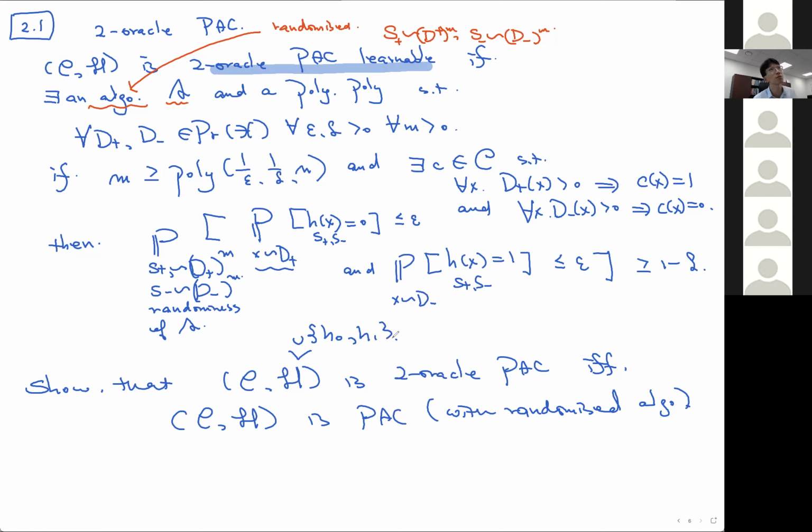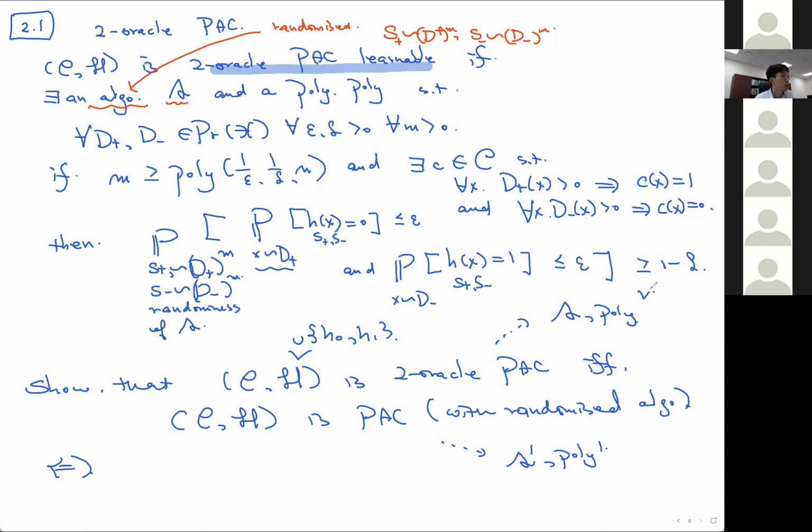Let me just give you one minute to explain the idea of how we can solve this problem. For two-oracle PAC, we're given one algorithm, let's call it A, and a polynomial. And then for PAC, you have a different algorithm, both randomized, A prime and poly prime. So in one direction, using A prime and poly prime, you should be able to construct A and poly.